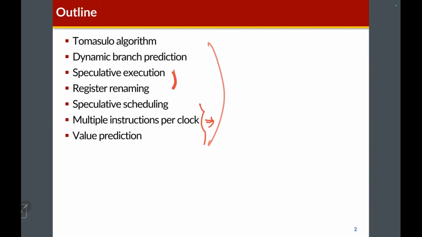It's a superscalar architecture. The value prediction is a more aggressive prediction technique. It was explored in the old generation. So you can apply the same very aggressive prediction to data.